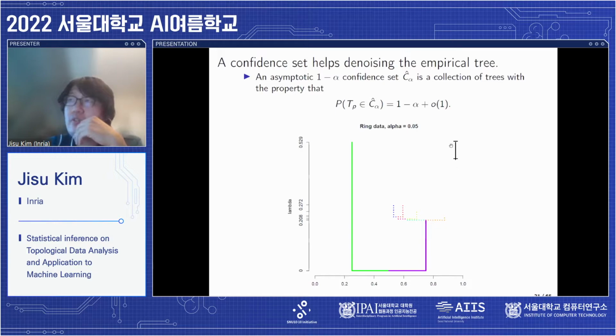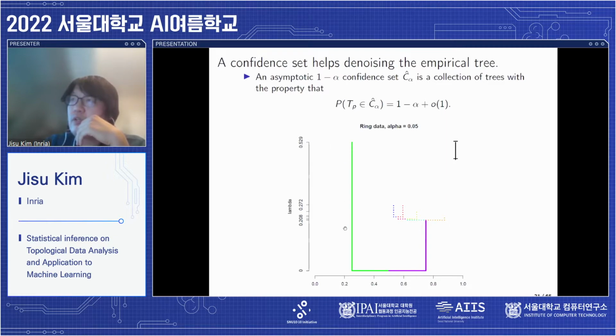And this bar is some sort of visualization of the confidence set. What we do with this confidence set is that we can use it to determine that these leaves have a length that is smaller than this confidence tree. Then we would say that, okay, these leaves are not important, so these leaves possibly come from noise.